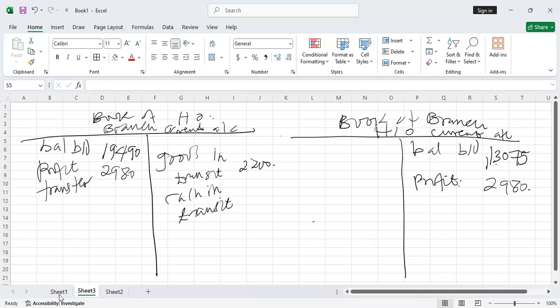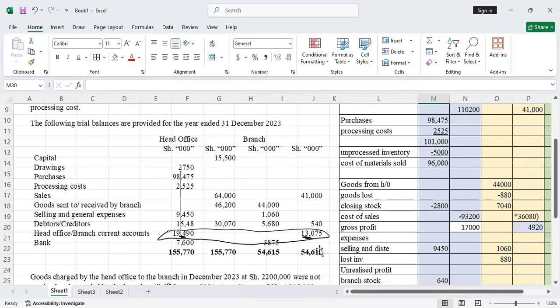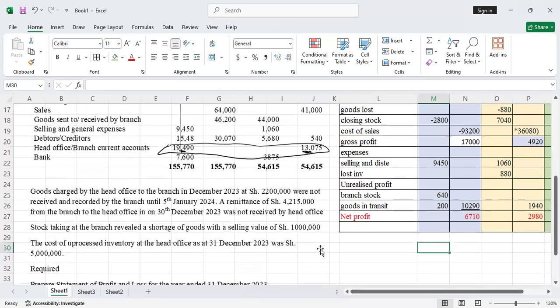There's some cash in transit being talked about. It's here. That the branch has sent, and this head office is not accounting for it. 42.15.